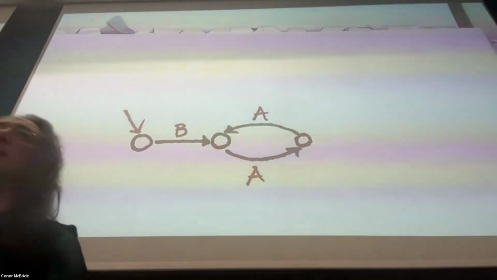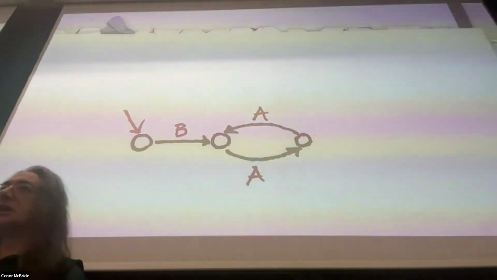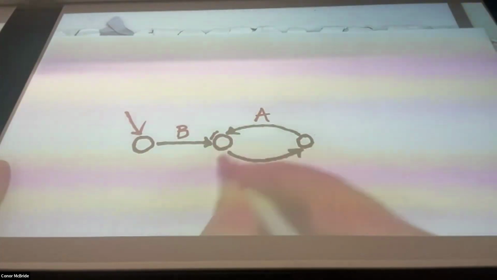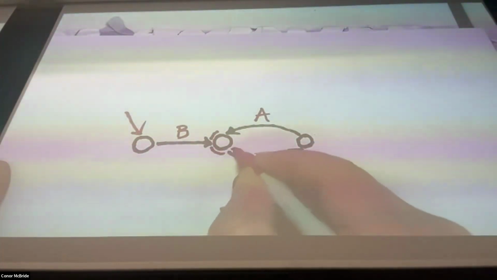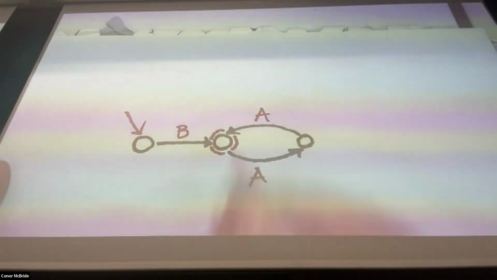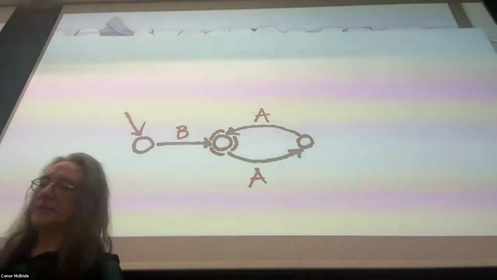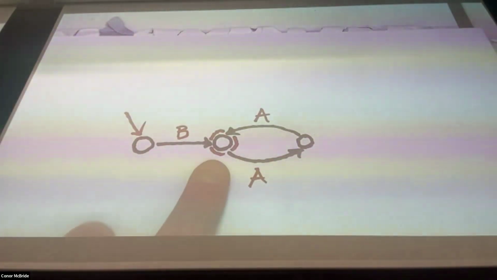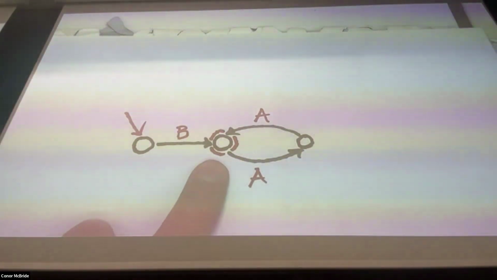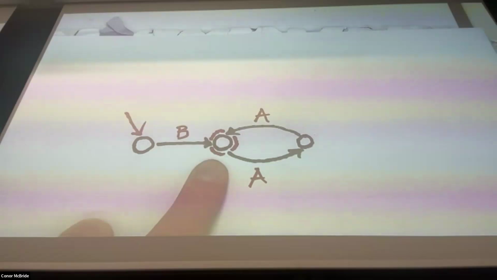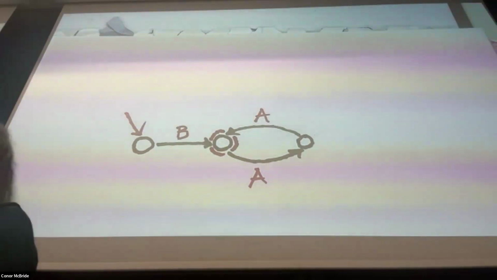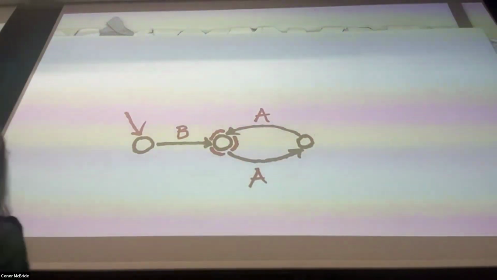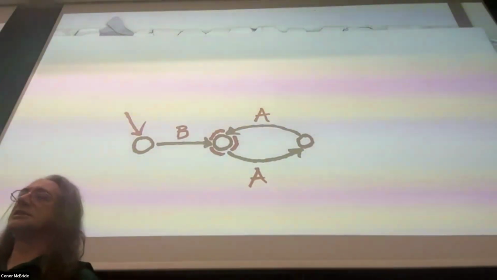So we can label 0 or more of the states as accepting, and we usually do that by drawing an extra ring around them. So if we end up in this state, we win. So it's like, which state are we in when the input stops? If we're in an accepting state, then we're happy. If we're not in an accepting state, then we're sad.